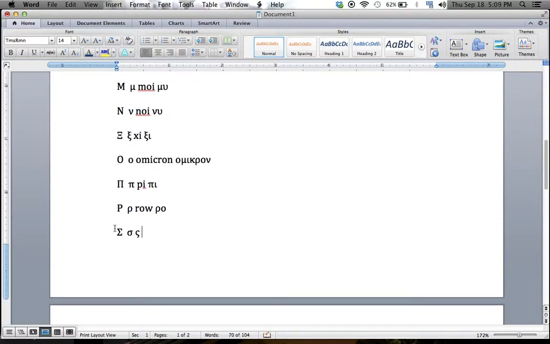Now here's one that will be tricky, sigma. It's the S. Here it looks just like an S, and that's when it's at the end of a word, it'll be this form. When it's in the middle or beginning of a word, it's usually this sigma. So sigma. And then here in Greek it would be sigma.